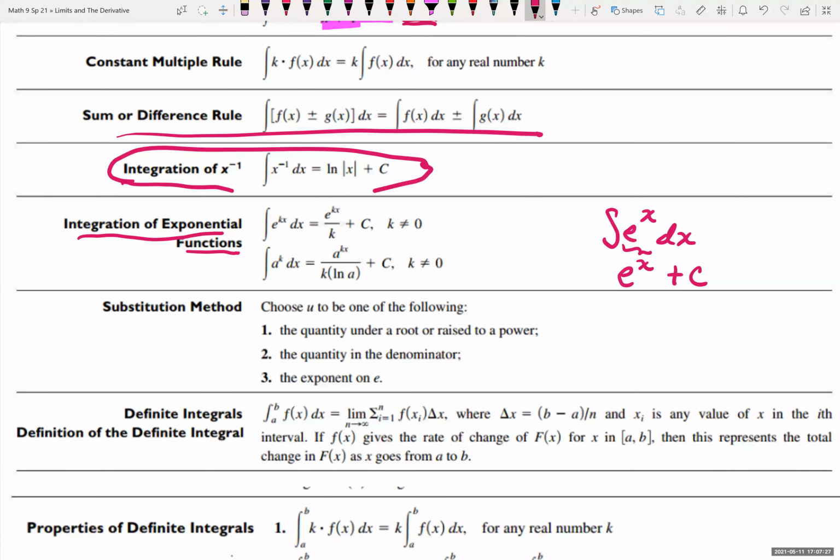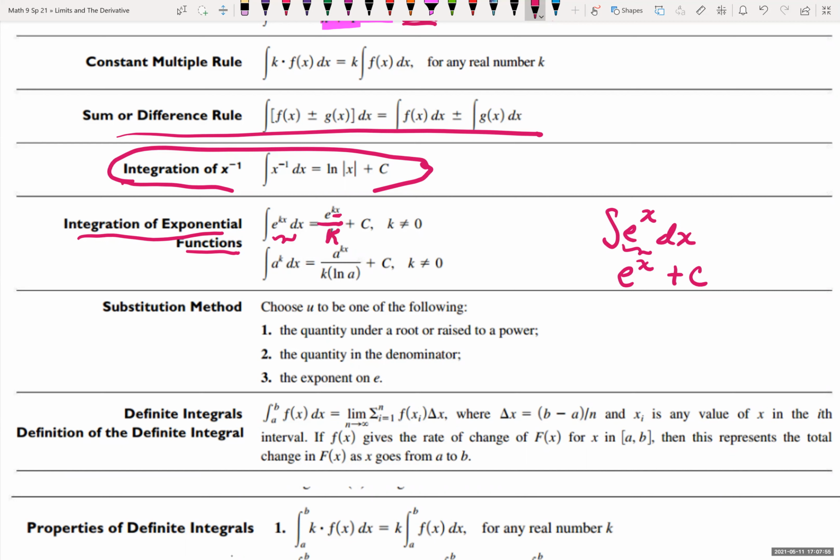But if we had some coefficient in front, k times x, in that exponent of our e value, then we have to think about what we're going to have to undo when we take the derivative so we get this back. And so we have to divide by that coefficient in front of the x in the exponent. So it's the same e divided by that coefficient plus c.